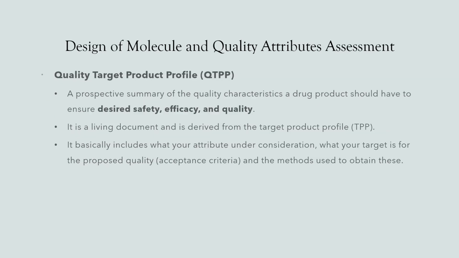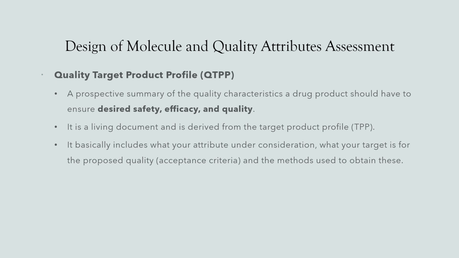So, as I said, you have to have a good, thorough understanding of your drug product, and you have to design your molecule. We talk about it as a molecule, but it's an antibody, if you like.